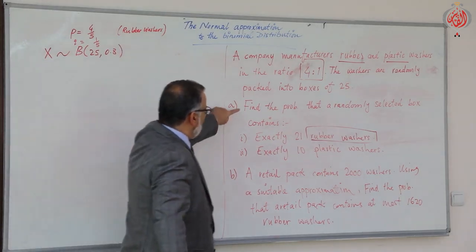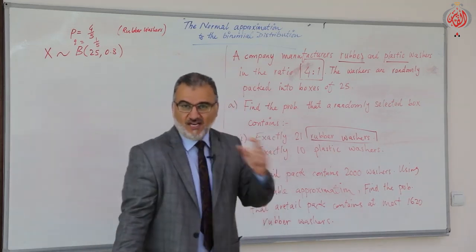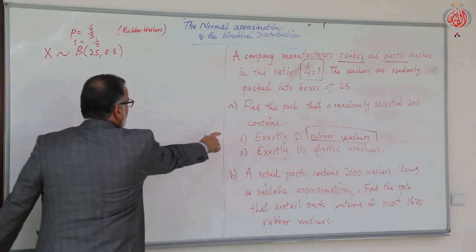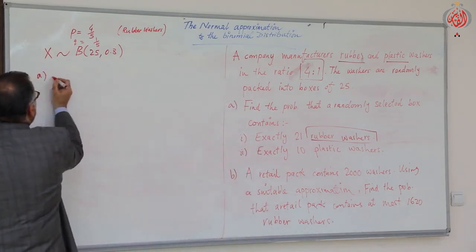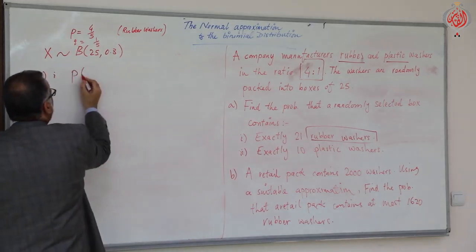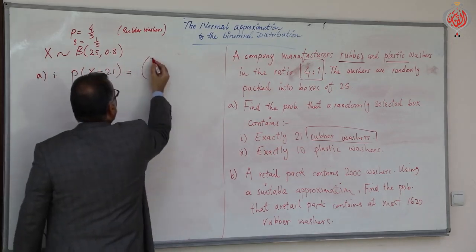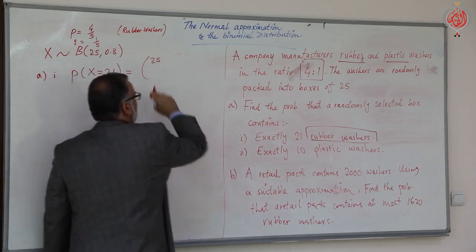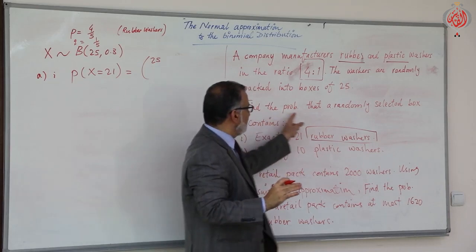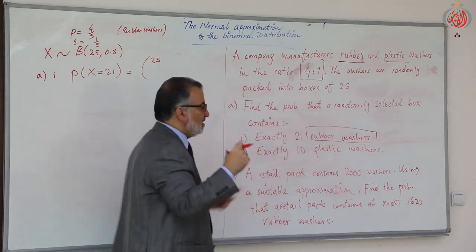Now, can I solve it using the binomial distribution? Yes, of course, it is totally binomial. So in order to solve the first part, the probability of exactly 21 means the probability of x equals 21. Out of 25 washers in a box, what's the probability that a randomly selected box contains exactly 21 rubber washers?